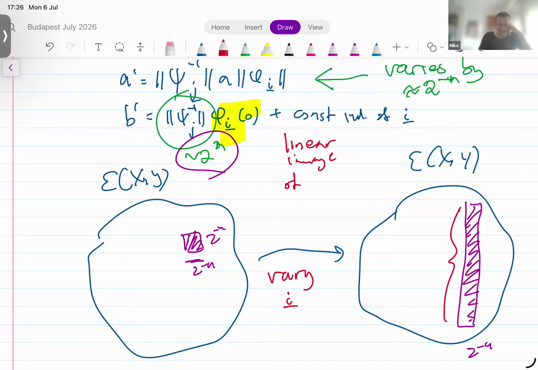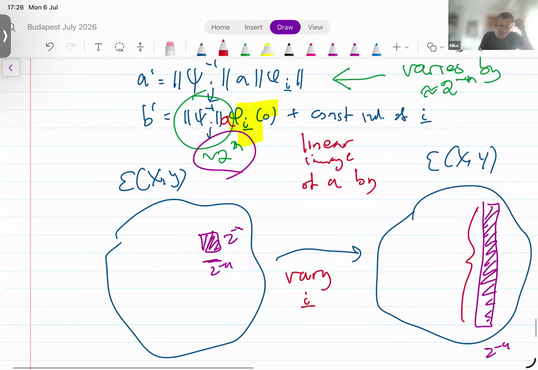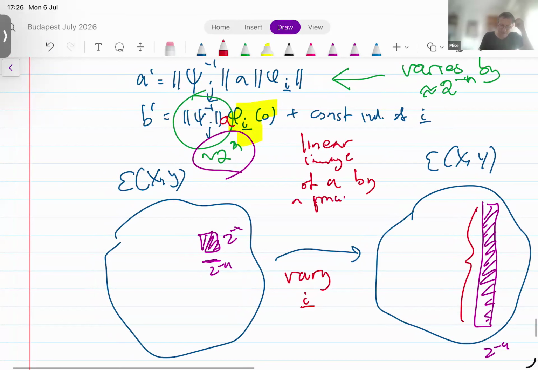I've slightly mangled this, but I think there's an A in here which I didn't write down before. So I'm getting a linear image of A by a map parameterized by phi I of 0, by the translation part of the phi's.